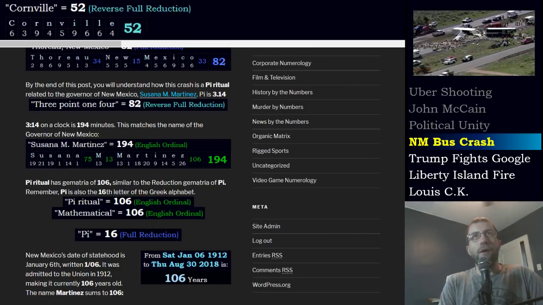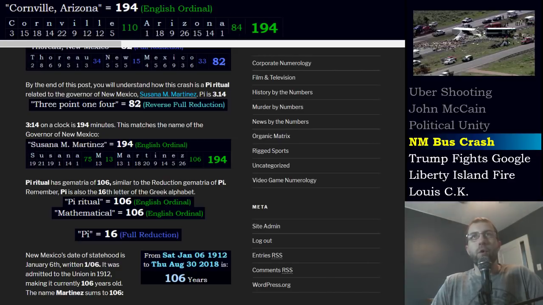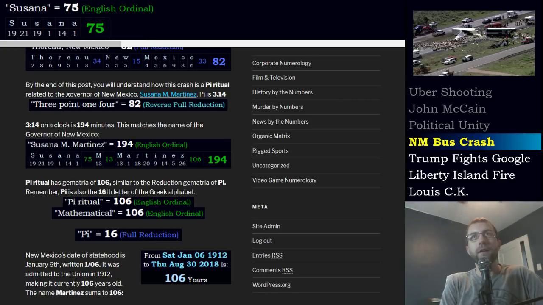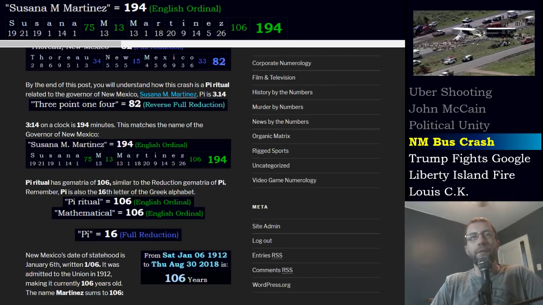We also mentioned how John McCain died in Cornville, Arizona, which equals 194. 194 minutes is 3:14 on a clock. The name of the governor of New Mexico, where this bus crash is, Susana Martinez, equals 194 as well.